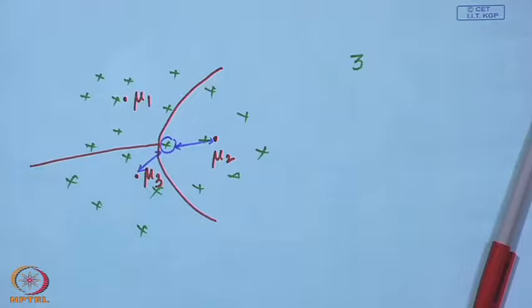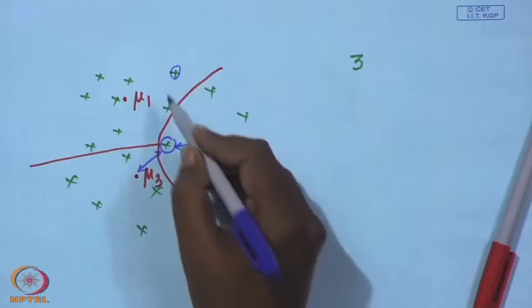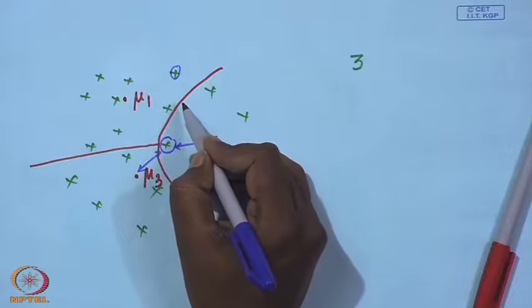So, initially though this sample was put in cluster 2, in the second iteration, because its distance from cluster center 3 is found to be less than its distance from cluster center 2, this sample will be moved from cluster 2 to cluster 3. And this operation you perform for every sample. For each such sample you find its nearest cluster center, and you move the sample to the cluster whose center is nearest to it.